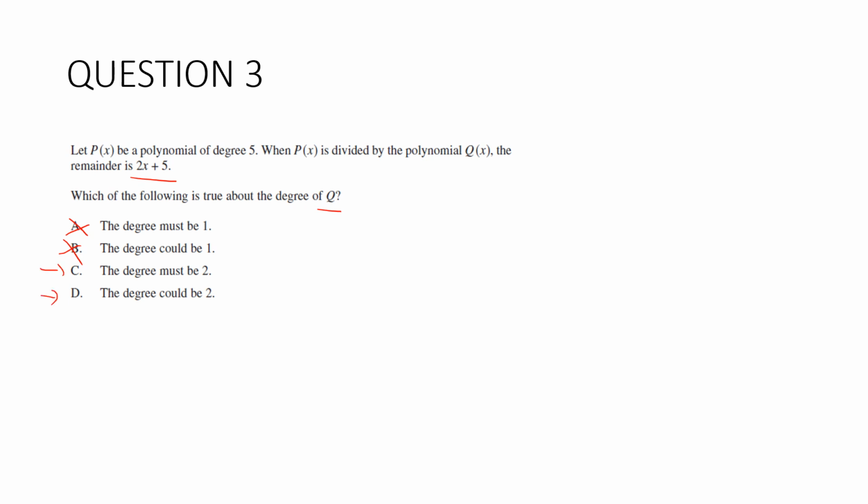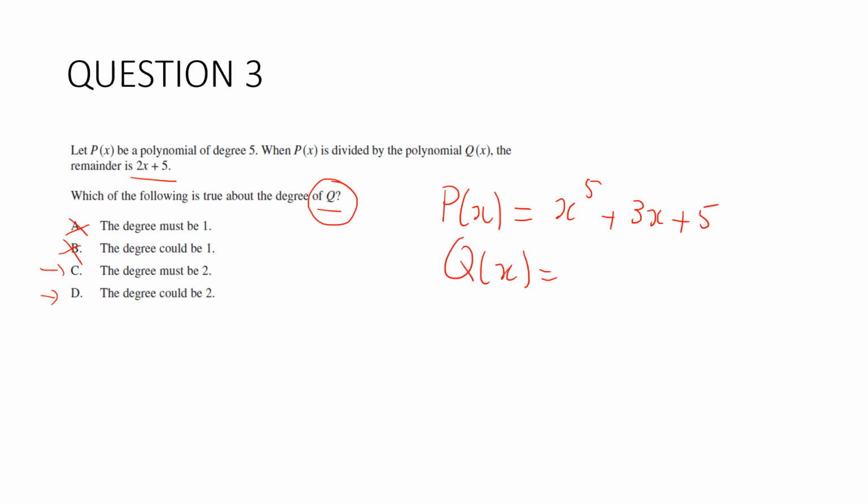So the way we're going to tell is see whether there is an example of where q could have a higher degree than 2. So suppose I make p(x) equal to x^5 + 3x + 5. And I'm going to make q(x) equal to x^4 + 1.